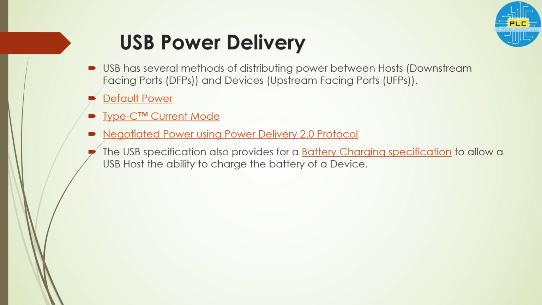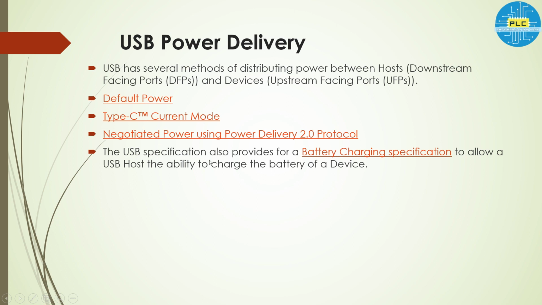Now the power functions, how they function. There are three types of power distribution in type C circuits. One is default power, type C current mode, and negotiated power using the power delivery 2.0 protocol. These three kinds of protocols are a must. The type C current mode is what we are using, and we will come to know them one by one.